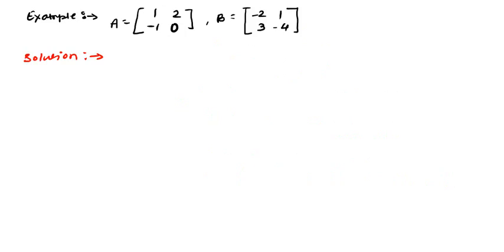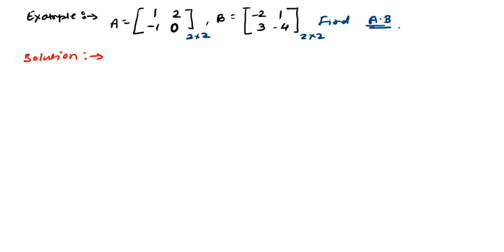Okay, now suppose we will take this multiplication. The question is: find A into B, if it exists. Now if you observe here, the order of this matrix is 2 by 2 and the order of this matrix is 2 by 2.